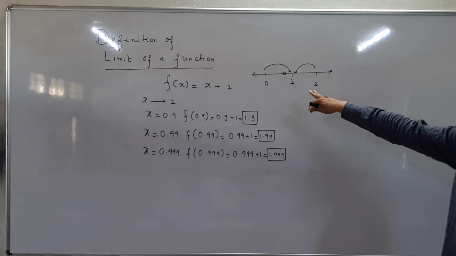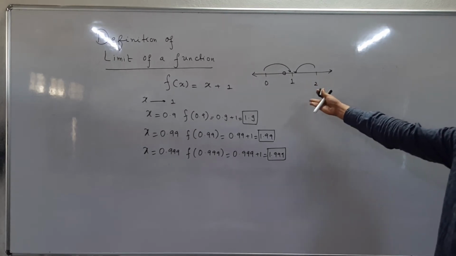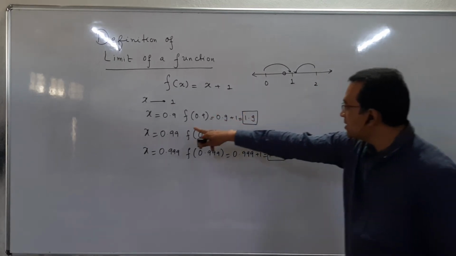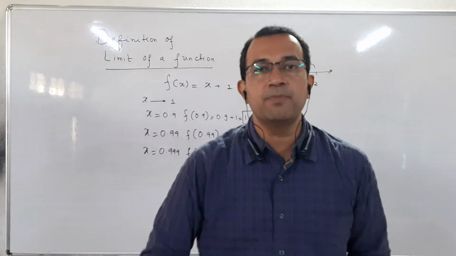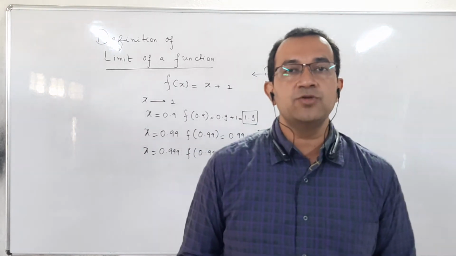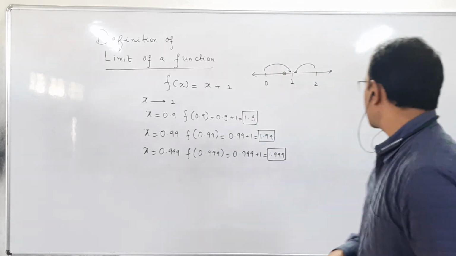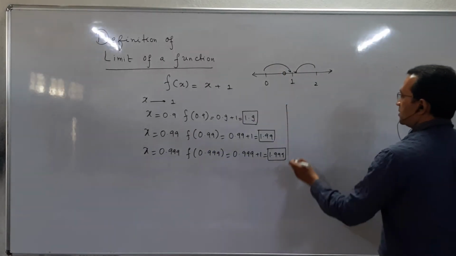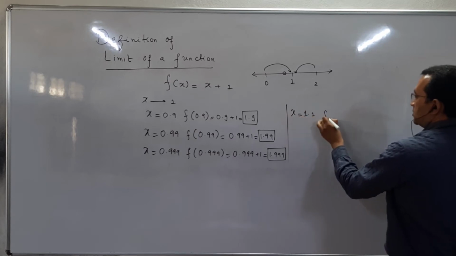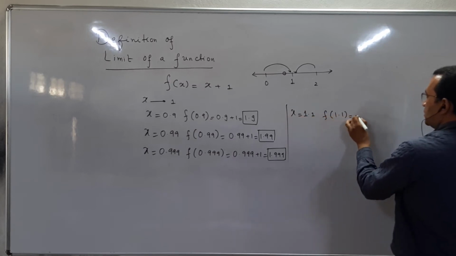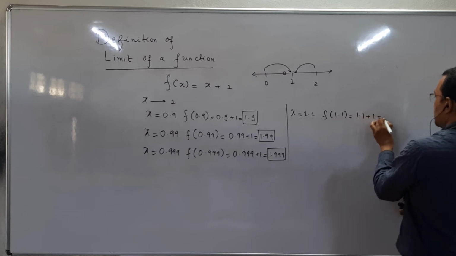Okay, so when x approaches 1 from the left hand side, it means by increasing the value of x. Check. From the left hand side means by increasing the value of x. Okay, now taking from the right hand side. Say suppose x is 1.1. Then f(1.1) will be 1.1 plus 1.